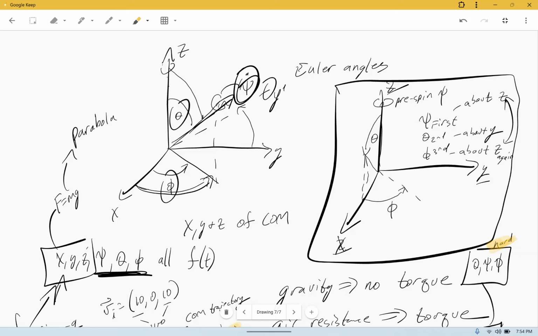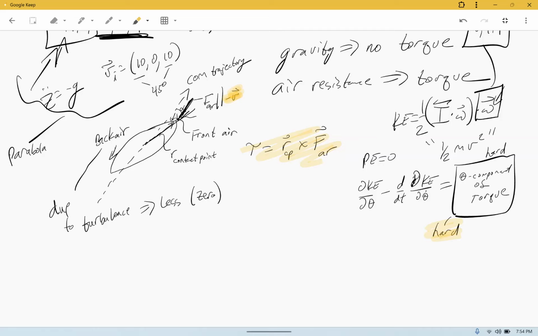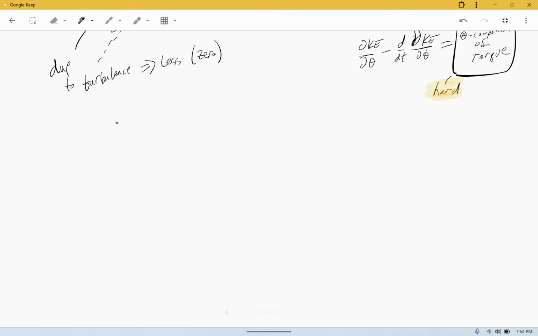And once we can figure that out, then we can actually write down all of these kinetic energies here. So what's going on there? Oh my gosh. So here's the thing. Let's just write down what it is we're going to try to do here. So this is super easy in the body frame.